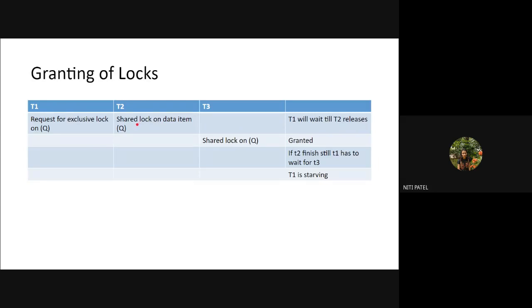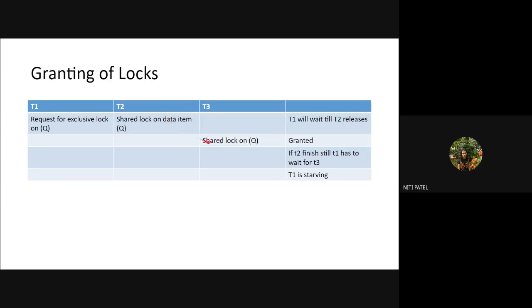Okay. Now, meanwhile, transaction T3 has also started its execution and it wants a shared lock on Q. Will this be granted by the concurrency manager? Will transaction T3 get data item Q? Yes, because they have requested the shared lock.